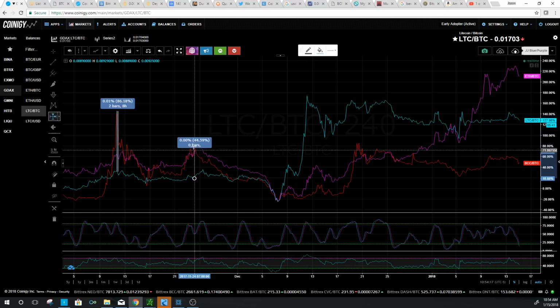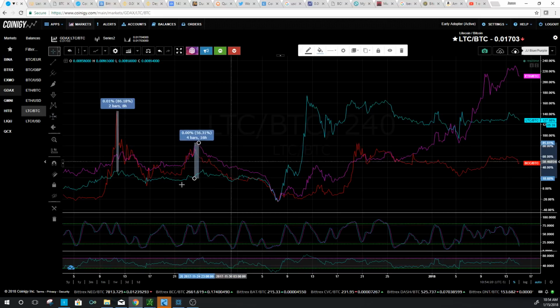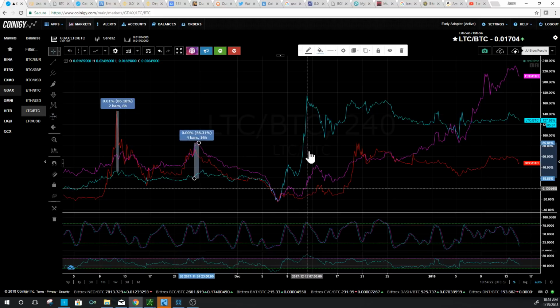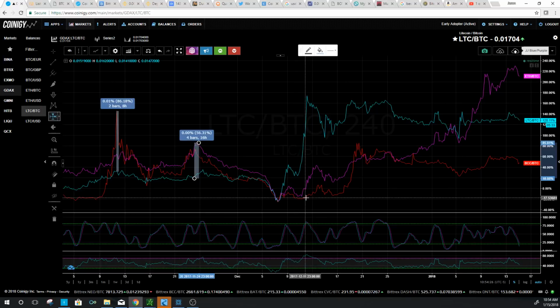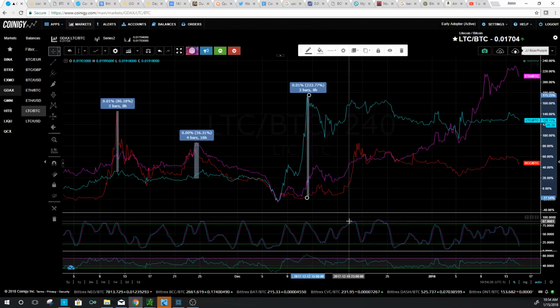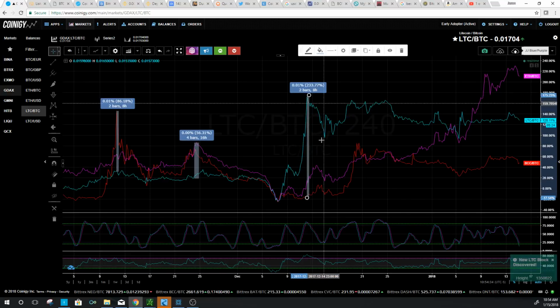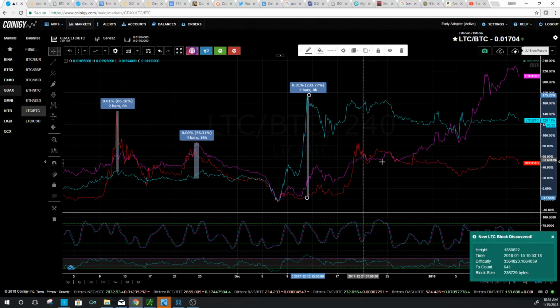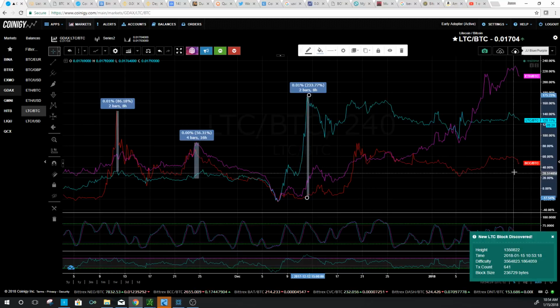Okay. Here you can see the spread's much smaller, right? 55. Now look at this spread between Bitcoin Cash and big spread there. That was when Litecoin went crazy, right? 100% move in one day. Never seen anything like it. And then I look at, obviously this spread sticks out to me now.